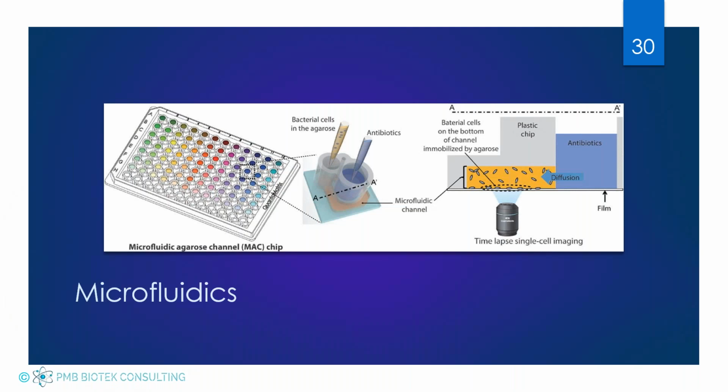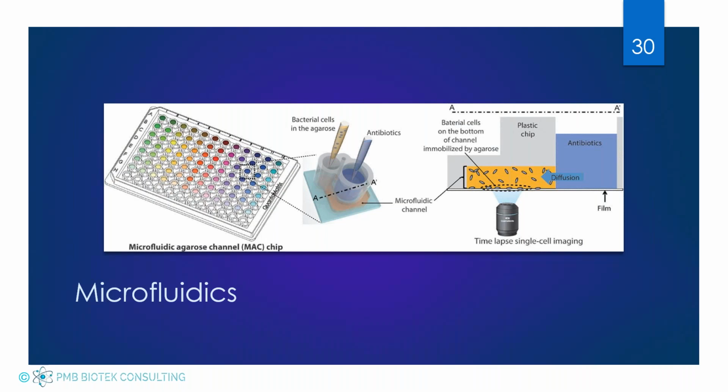Microfluidics is an interesting concept in the sense that it's a relatively inexpensive method to use. Essentially you're taking a known cell or a known solution of a product, and you're moving it through a narrow channel. By narrowing the channel and passing it through, you can detect specific organisms.